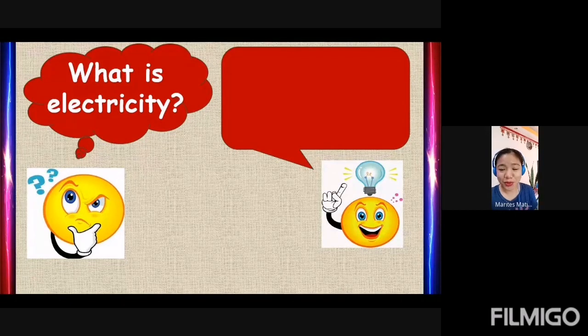Okay, very good. Even our online class, from turning on the laptop, tablet, and cellphone. So, we need electricity in our daily life. That is how important electricity is.